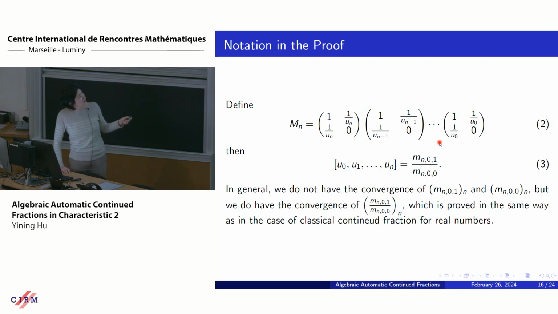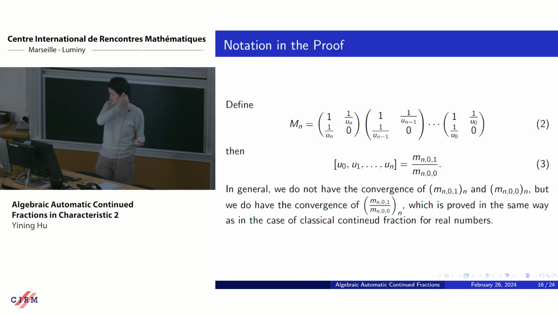Here, this Mn01 is the 0,1th component of the matrix Mn. In general, the numerators and denominators do not converge, but the quotient as a whole converges. They always converge, as in the real case.